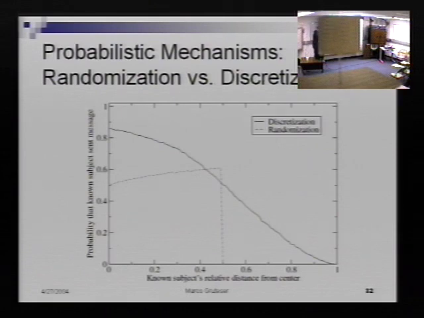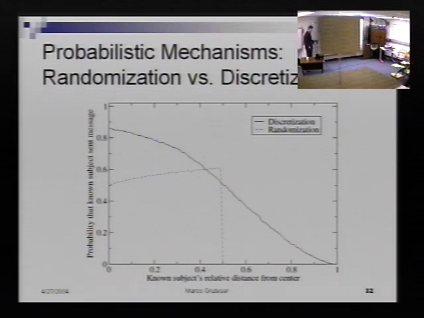For the randomized algorithm and the discrete algorithm that I showed earlier, this is the probability based on the known subject's relative distance to the center of this cloaked area, and this is symmetric. We only look at the radius, the distance here. Now, this shows the probability that if there were only two subjects in that area, the one known subject that I see in a database has issued the message, that's the probability the adversary would assign based on that information.